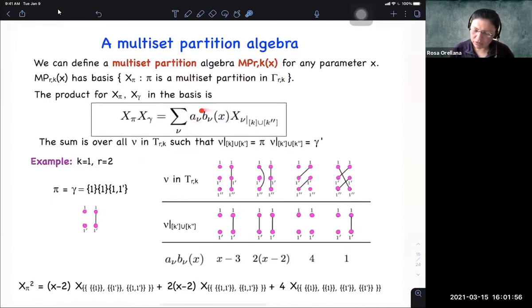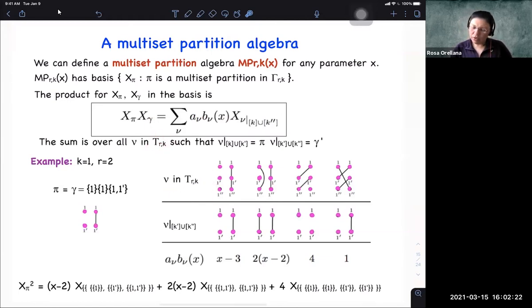Notice the product of those 2 are the coefficients that you get when you define the product in here. So the multiset partition algebra, you get all possible set partitions, multiset partitions, and this is the product, and you just multiply those. The hard part here is looking at all the possibilities that you can have.